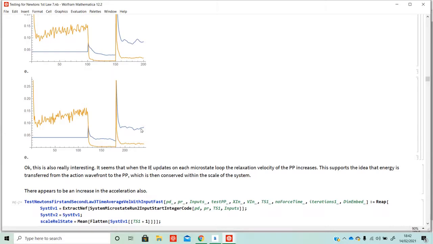So I think that may very well relate again to energy conservation: a photon updates the system, and then that is transferred in some way to the momentum of the particle. The fact that we're getting a non-zero acceleration here, because the velocity looks pretty constant, implies that we're getting some change in direction.